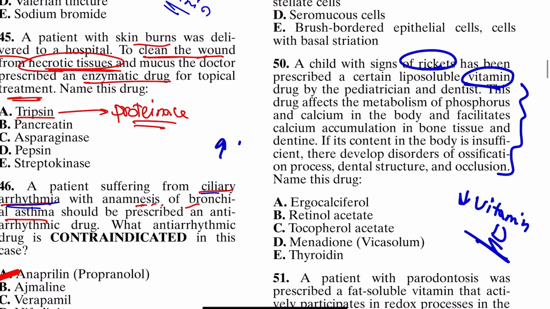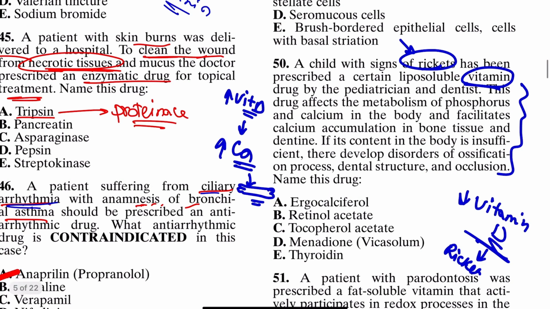Because it can increase calcium, and calcium will make the bone stronger again and will prevent the rickets. So the increase of calcium is by vitamin D. Vitamin D decreases, I have rickets. Vitamin D increases, I have good calcium, good bones, and so on. And vitamin D, another name is ergocalciferol or calciferol.